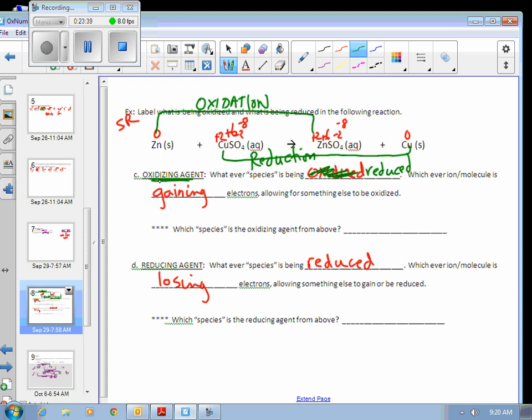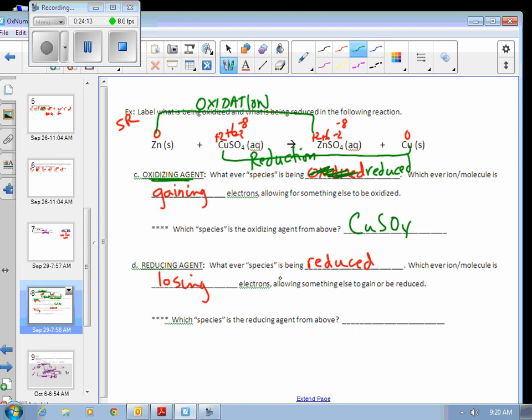The oxidizing agent is the one being reduced. So which species, which just means which part of the reactants, is the oxidizing agent? Well, what is actually being reduced? That would be the copper sulfate. By gaining electrons, it's taking them from the zinc, causing it to be oxidized. Don't worry, you'll get used to it. We try not to use these agent terms too much because it's a little confusing, but you've got to be familiar with them.